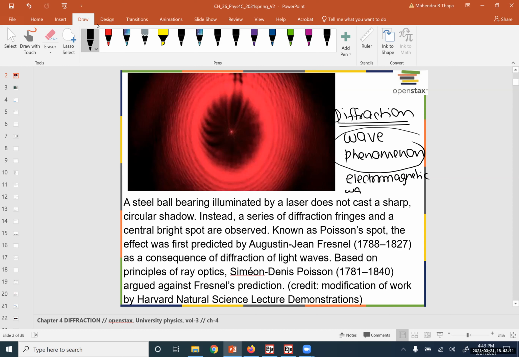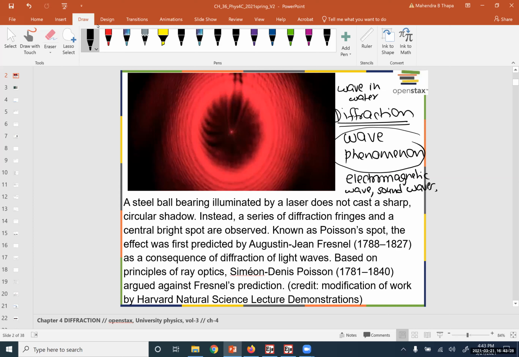It could be the sound wave, or it could be the wave in water. So these are the phenomena.